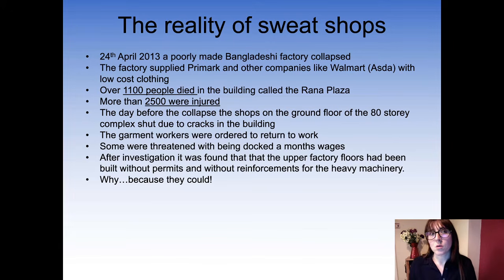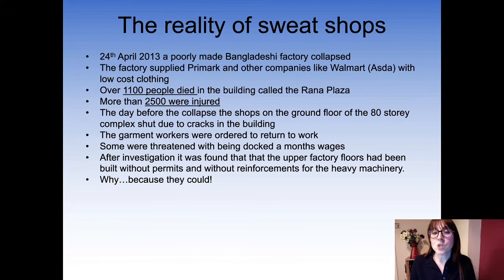So basically, in this huge building, because the sweatshop where these people were working was on a high floor, the floor hadn't been structurally sound for the heavy equipment and machinery that was on there. So cracks started to appear on the lower floors of the building, and the workers of the lower shops and floors left because it was unsafe.